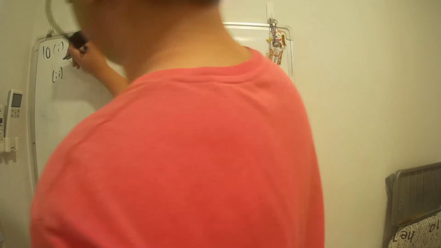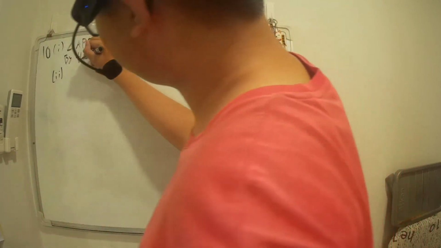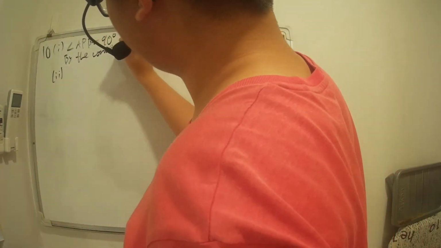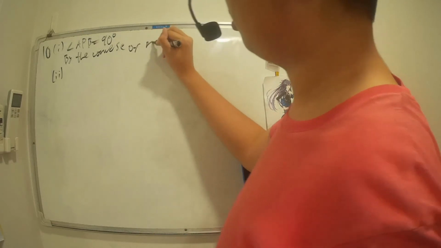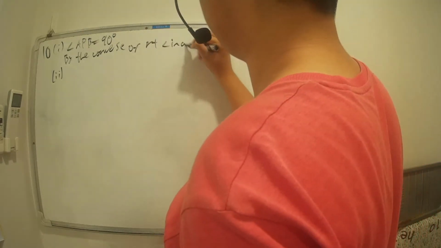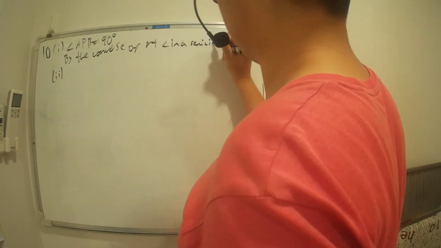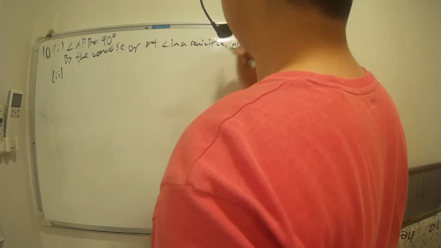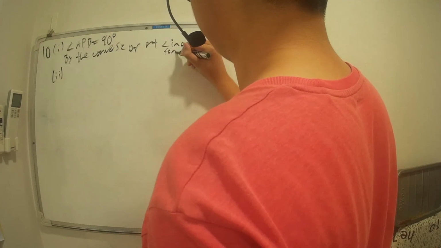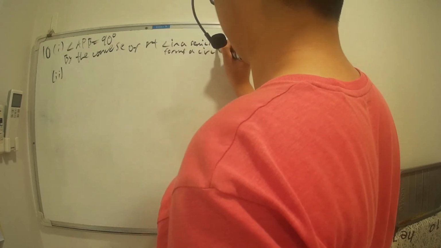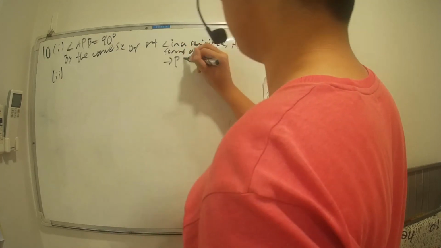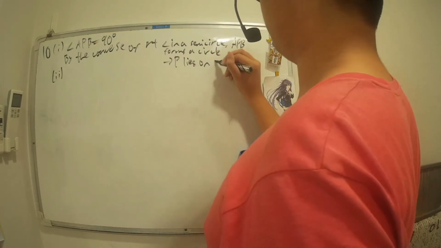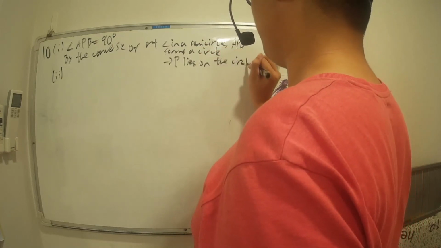Then by the converse of the right angle in a semicircle, APB forms a circle, and P lies on it. Very easy, right? Okay.